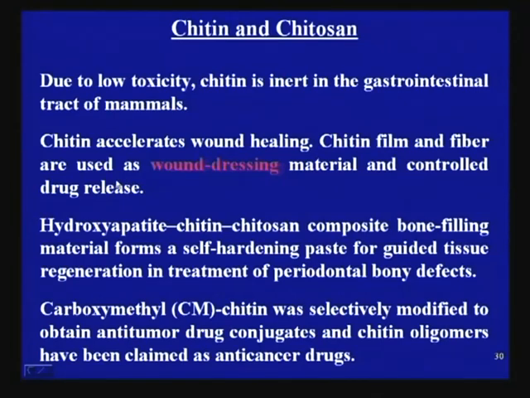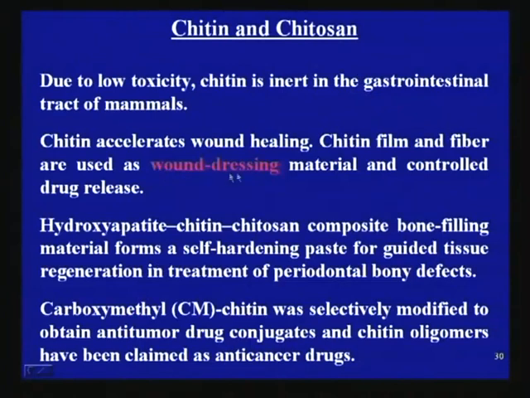Applications: their toxicity is low, and this is inert in the gastrointestinal tract of mammals. So, this can be used for drug delivery purposes, and it can be used as a wound dressing material. That means you can draw or spin fiber from these chitosan molecules and make a fabric.